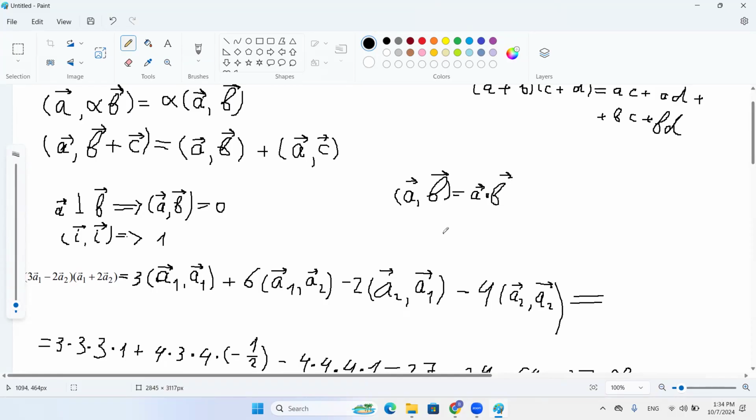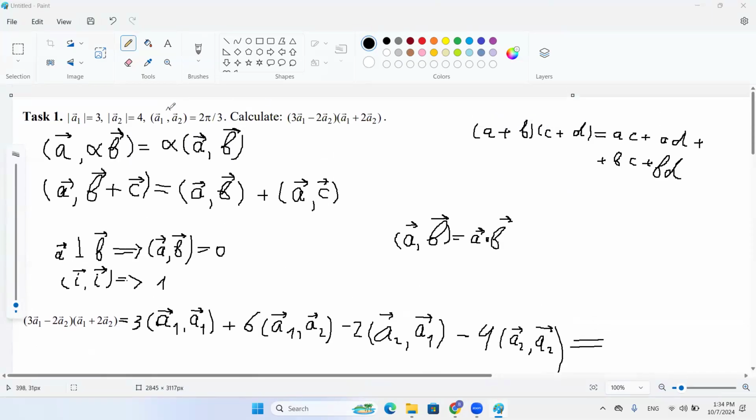But in the task we had this notation. Yeah, but this notation means angle. Okay, I got it, so it is the angle. So you can write it in such a way, just not to confuse. We also can write it like this. And without this angle character, it is just a scalar product.